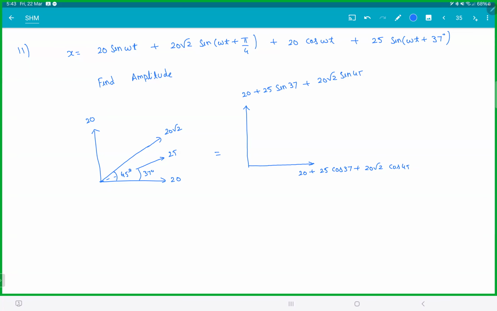Perfect. So how much is this? If I add this, that will be 20 cos 37 is 4 by 5, 20, 20, 60. This guy will be 20, 20, 55.